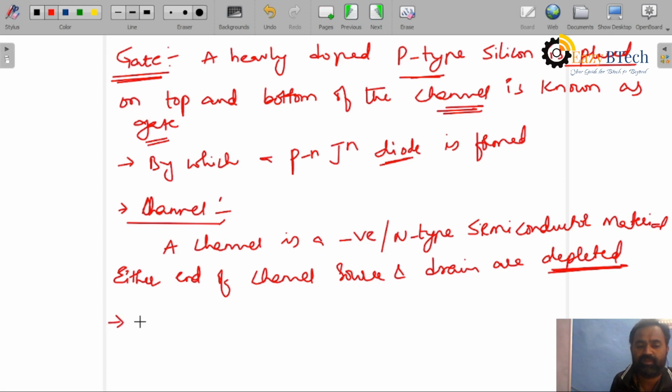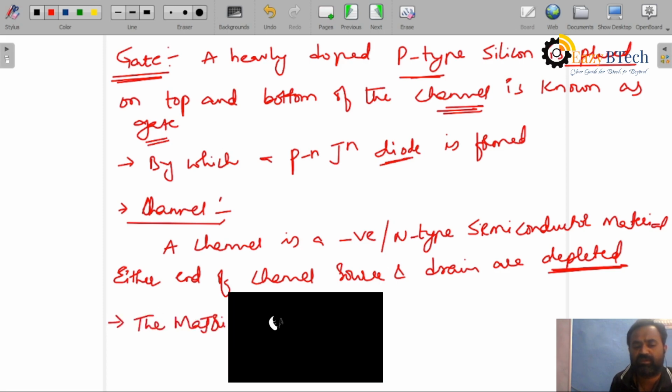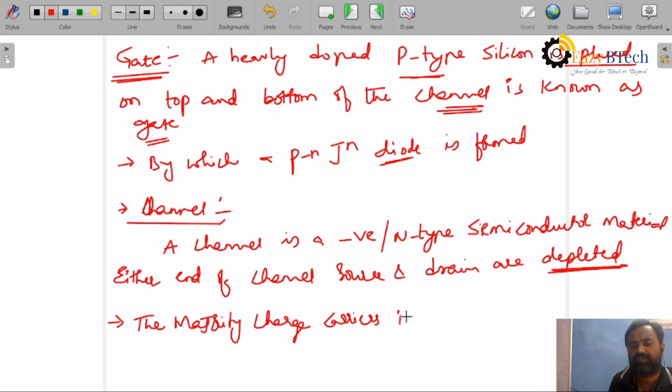The majority charge carriers in the channel are electrons.